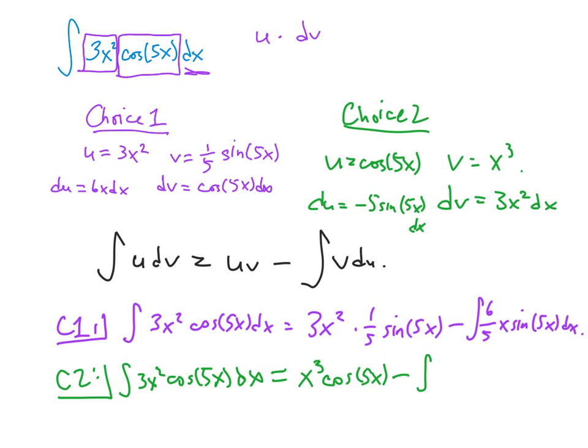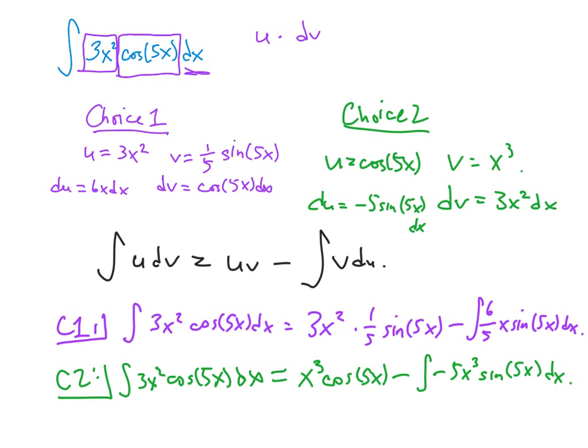That would be -5 x cubed sine 5x dx. Now if I look at what that produces, well, this is fine. That's done. We don't need to integrate that anymore. But now I've got this piece here, and that's got an x cubed times the sine of 5x.